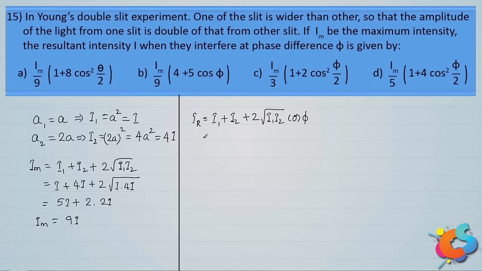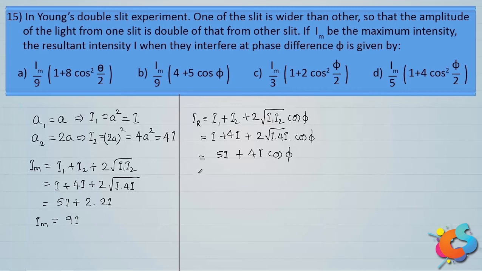Let me keep this as it is. Now let me substitute for I1 and I2 in the expression for IR. I1 is I plus I2 is 4I plus 2 into root of I into 4I into cos phi. So this is equal to 5I plus 2 into 2I, which is again 4I cos phi.